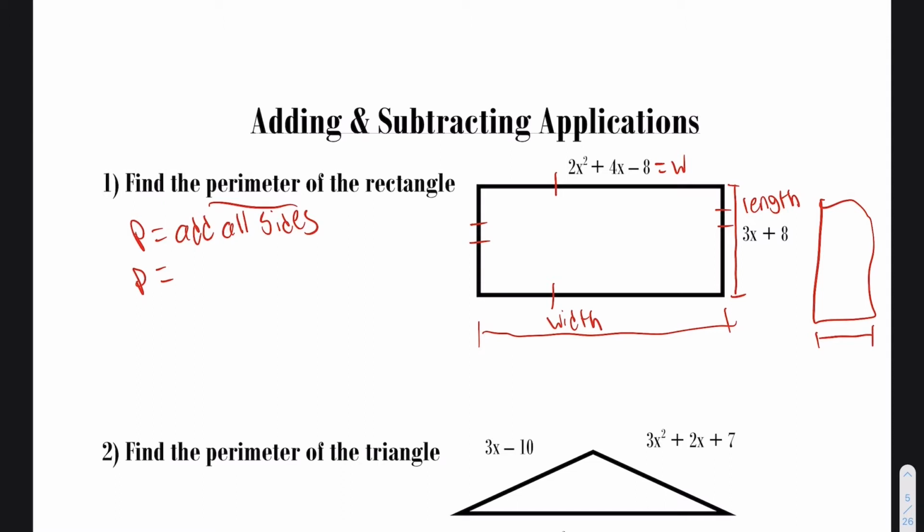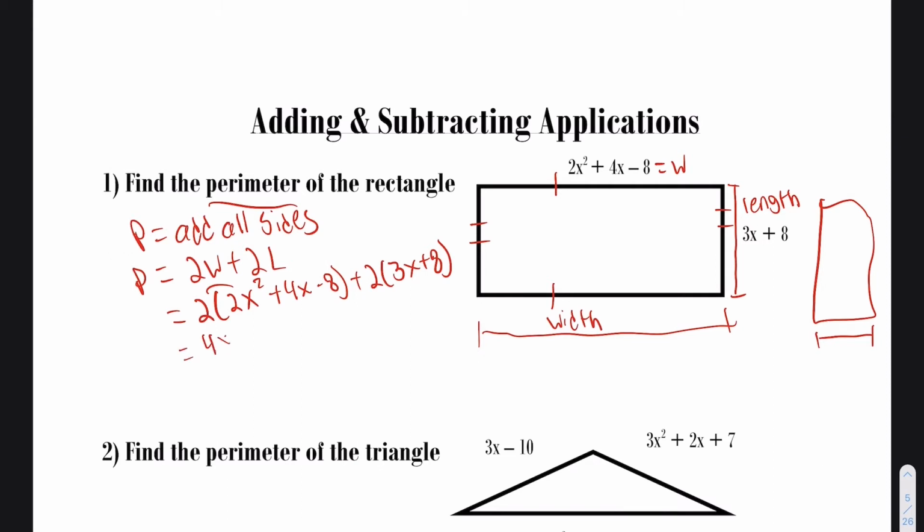The formula for the perimeter of a rectangle is twice the width plus twice the length. So I'm going to do twice the quantity 2x squared plus 4x minus 8, all inside parentheses, plus twice the length, and the length is 3x plus 8. I will have to distribute the 2 to each of these parentheses.